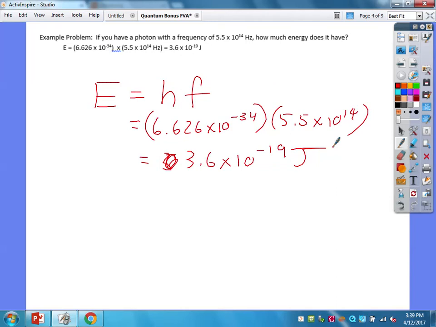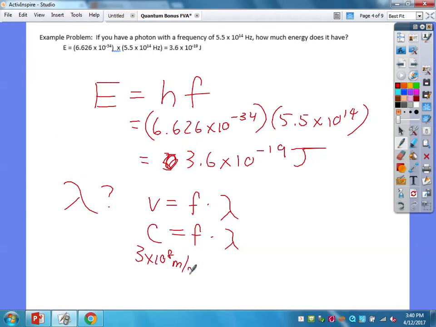All right. What if I gave you the wavelength of light? What if I gave you the wavelength of the photon? You got to remember that velocity equals frequency times wavelength. If this is going the speed of light, we usually write this as c equals f times wavelength. I would give you that the speed of light is 3 times 10 to the 8th meters per second. And you can convert wavelength into frequency based on this formula.